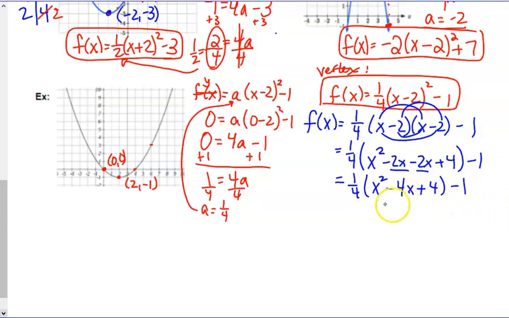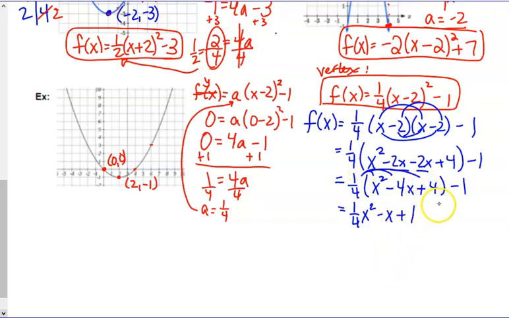Now, again, I need to get rid of all these parentheses, so I need to actually now distribute the 1/4. So 1/4 times x squared is just 1/4 x squared minus a 1/4 of 4. Multiplying by a 1/4 is the same as dividing by 4. So 4 divided by 4 is 1, or 1/4 times 4 is a 1x. I'm not going to write the 1. And 1/4 of 4, again, is a 1.